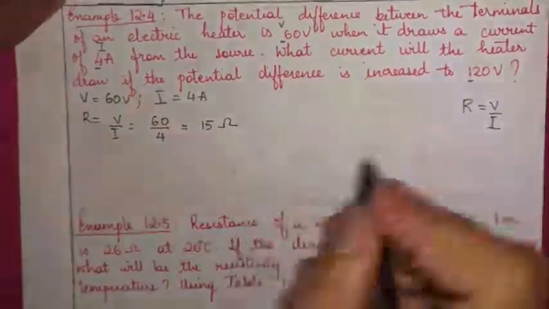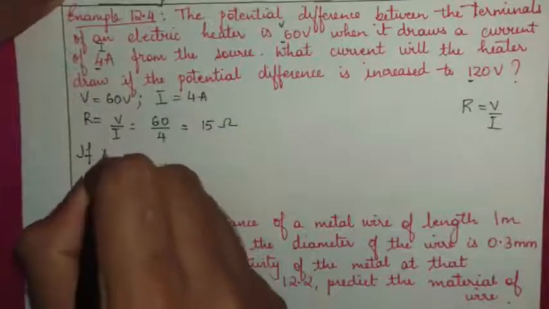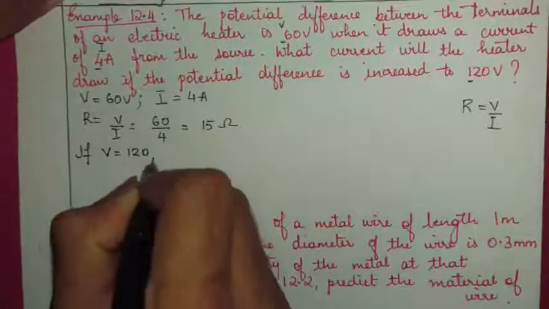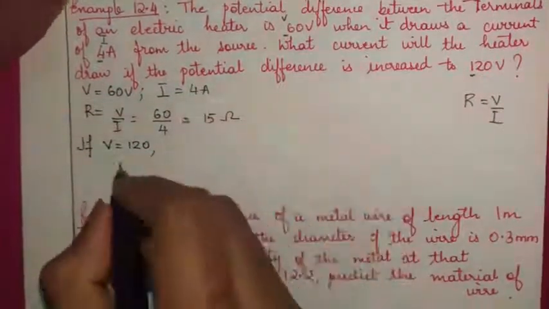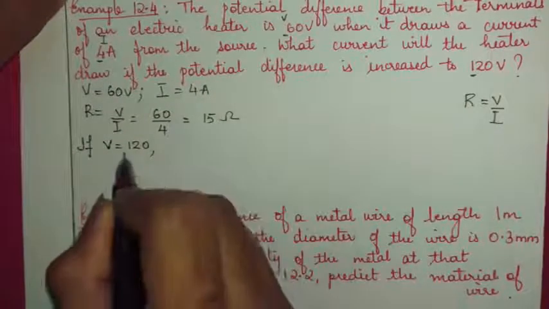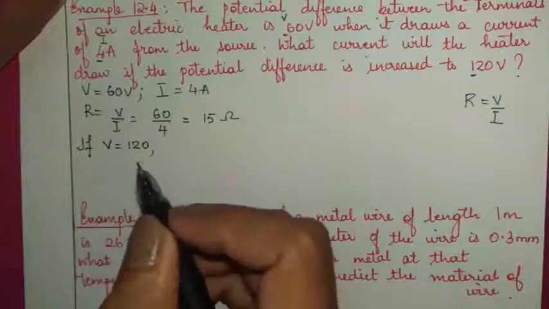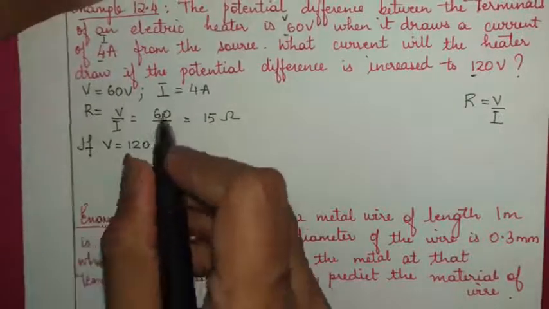Now what happens if V is equal to 120? We already know R and we already know V, so we can find out the current.